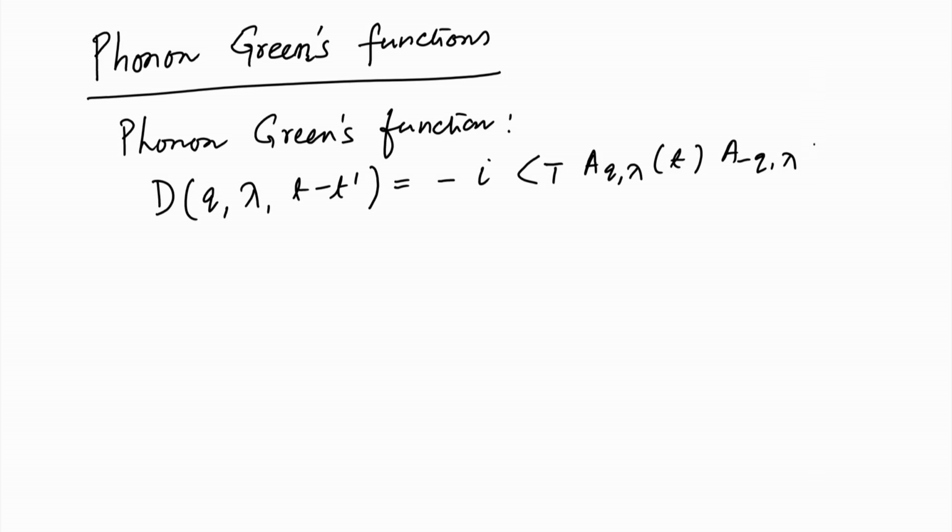These capital A's are combinations of the bosonic operators, or the operators for phonons, as we will see in a moment. Now, q is of course the momentum that we have seen earlier, and lambda is a polarization.